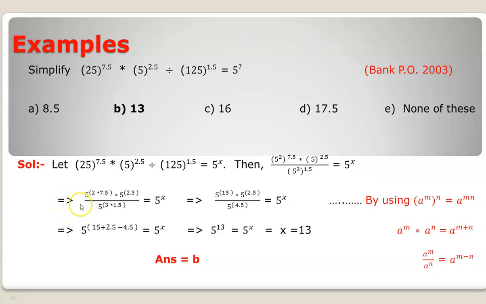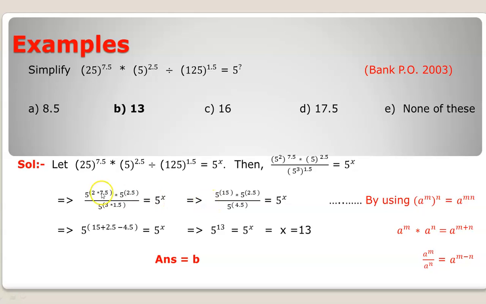In the next step, by using the laws of indices, a to the power m to the power n, so power of power, multiplying both powers, is equal to a to the power mn. That's why it can be written as 5 to the power 2 into 7.5, into 5 raised to 2.5, divided by 5 raised to 3 into 1.5, which is equal to 5 raised to x.